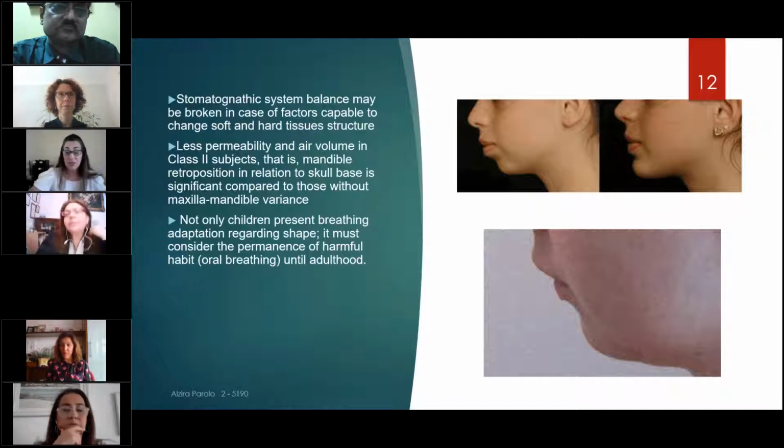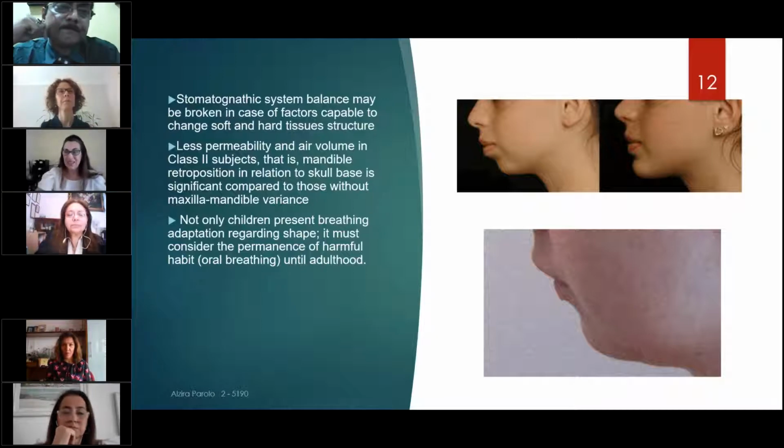Functional adaptations related to shape. There are cases in which mechanical interventions, braces, are capable of redirecting facial growth and therefore avoiding irreversible deviations.